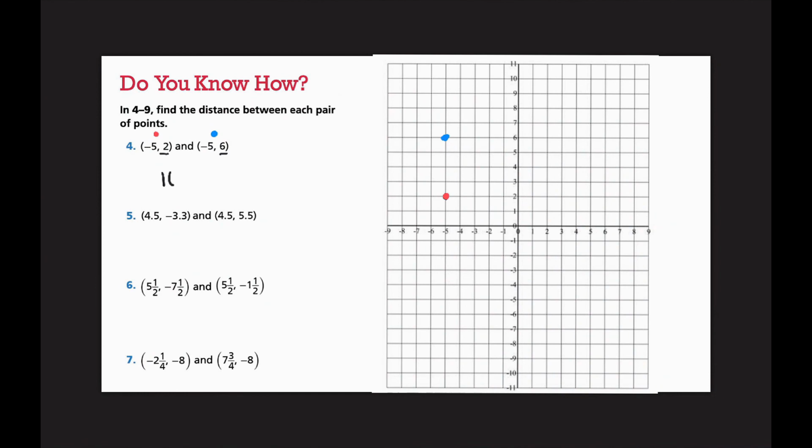So we'll go absolute value 6 minus absolute value of 2. So 6 minus 2 is 4. And we know that's true because my distance here and my distance here kind of cancel out, right? So what's left? 1, 2, 3, 4, which makes 4.